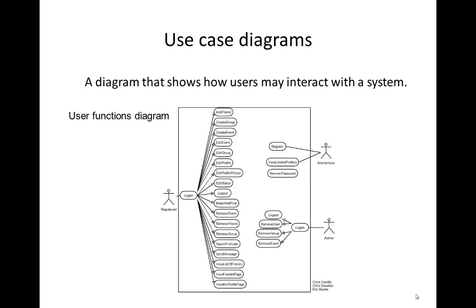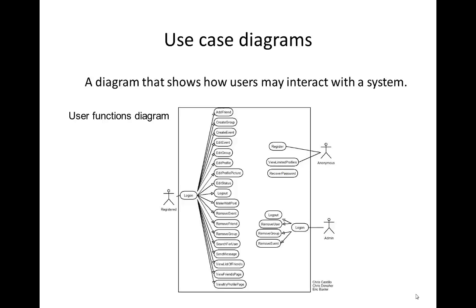A registered user, this is a sort of social networking system by the look of it, as I read the list of things that these users can do. So a registered user can log in, and once they've logged in, they can add friends, create groups, create events, edit profiles, edit their profile picture, log out, post to their wall, so it sounds like something like Facebook or LinkedIn or something like that.